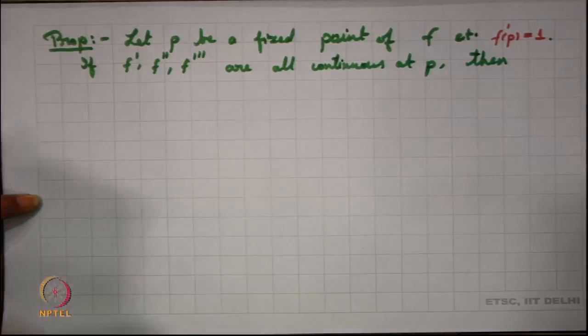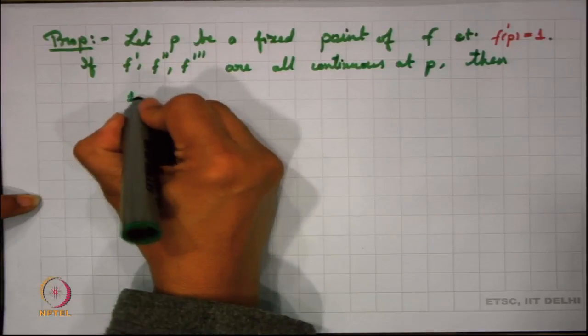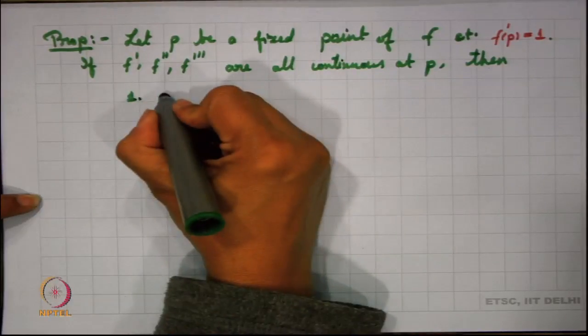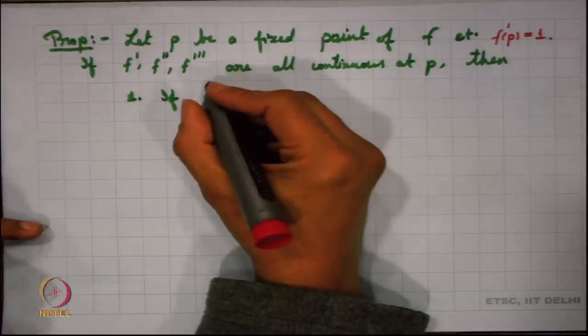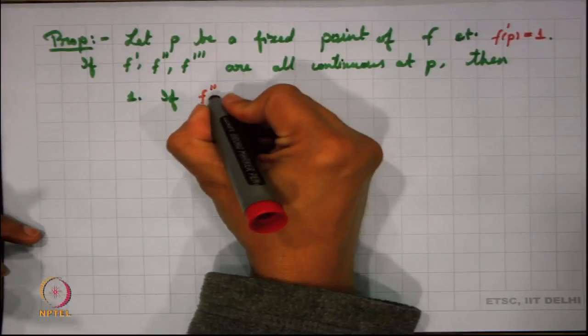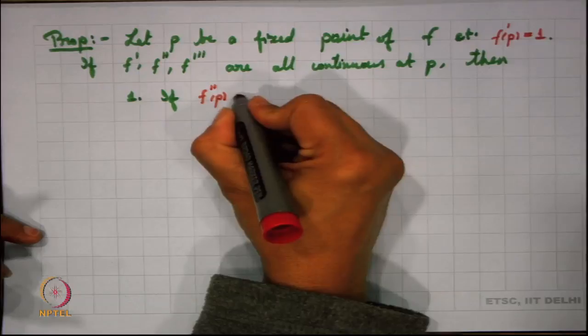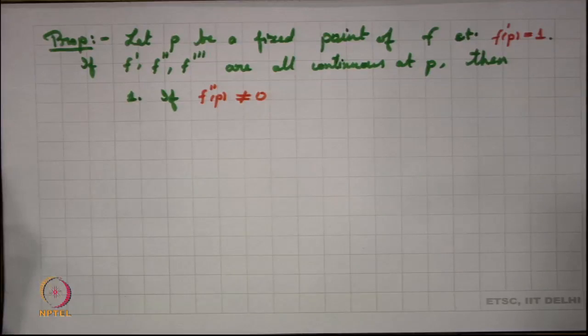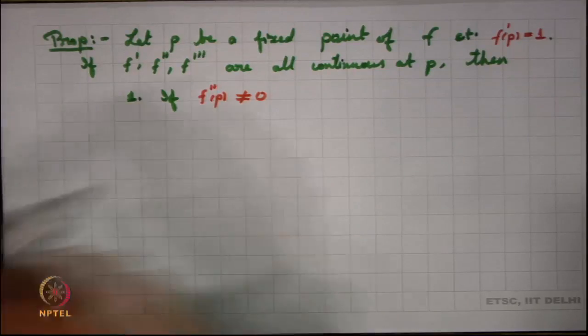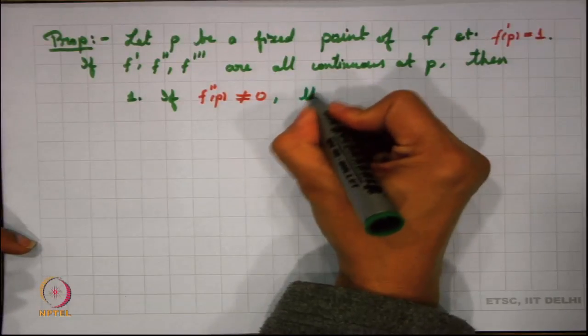we have essentially three cases. So, the first case says that, now I already know my f prime of p is equal to 1. So, I am now looking into what happens to f double prime at p. If f double prime of p is not equal to 0, then p is unstable.